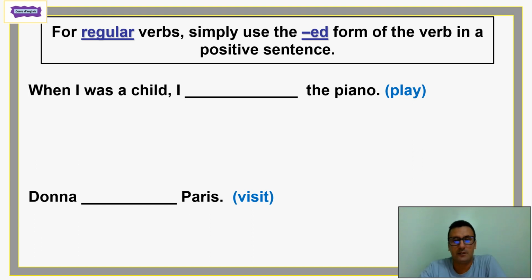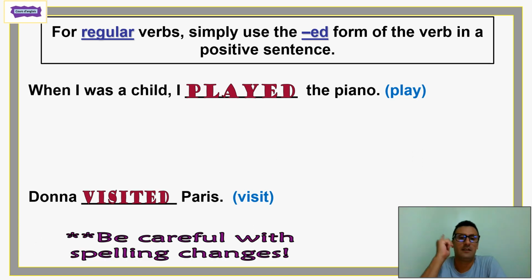On dit I played. When I was a child, I played piano. Après, to visit. Donc visited. Alors, be careful with the spelling changes. Alors, là, la prononciation un peu change.